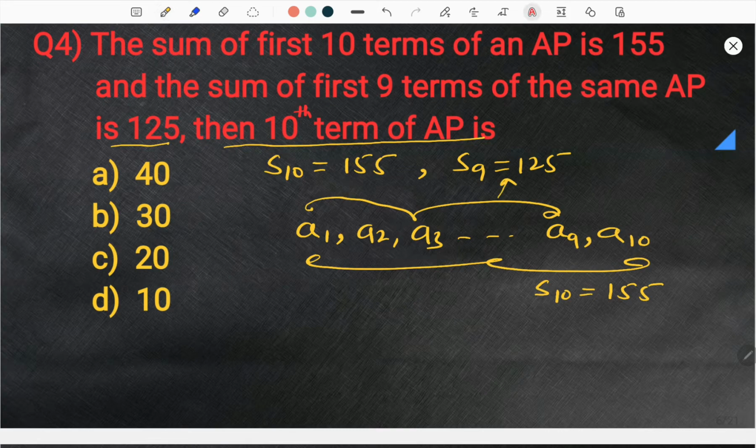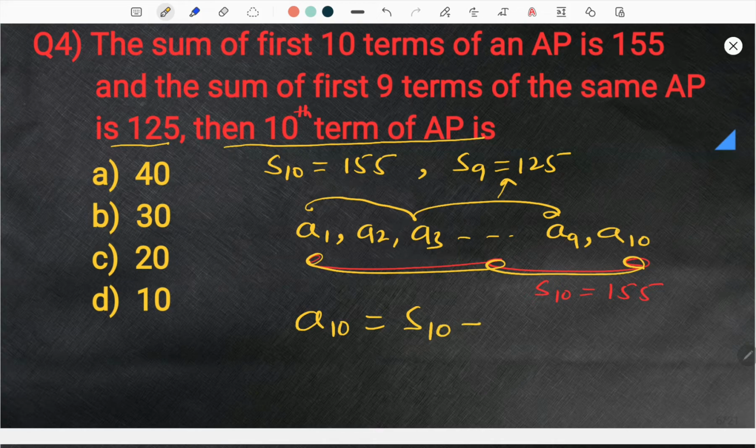Now in this sum of these 10 terms altogether, whatever I am marking red right now, in that if you subtract this S9, I mean these many terms, then definitely we are going to get the 10th term, no? So what will be the formula for this? The 10th term is equal to the sum of all these 10 terms minus the sum of these 9 terms.